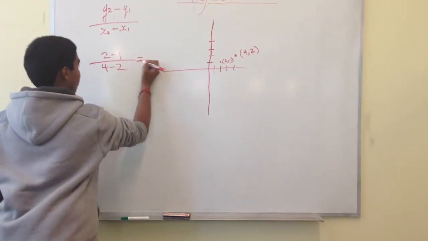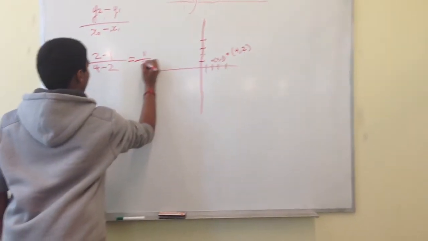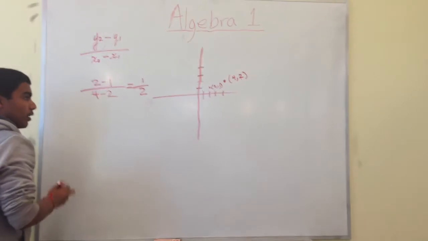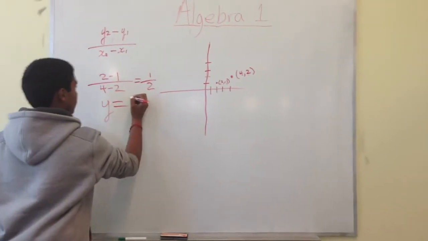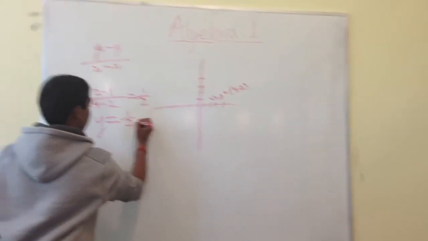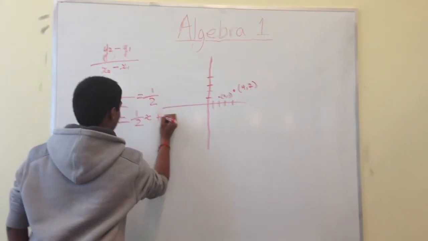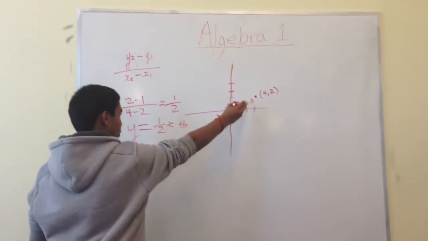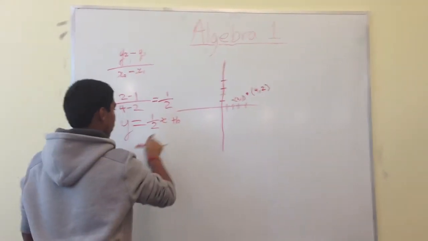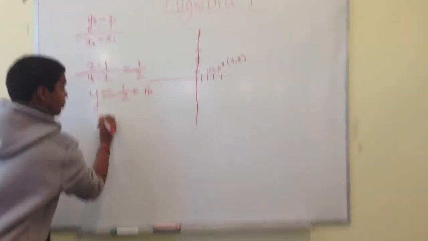And so the slope would be 1/2. And you get the equation of 1/2 x plus b. To get what the value of b is, you have to plug in one of the points and solve for b.